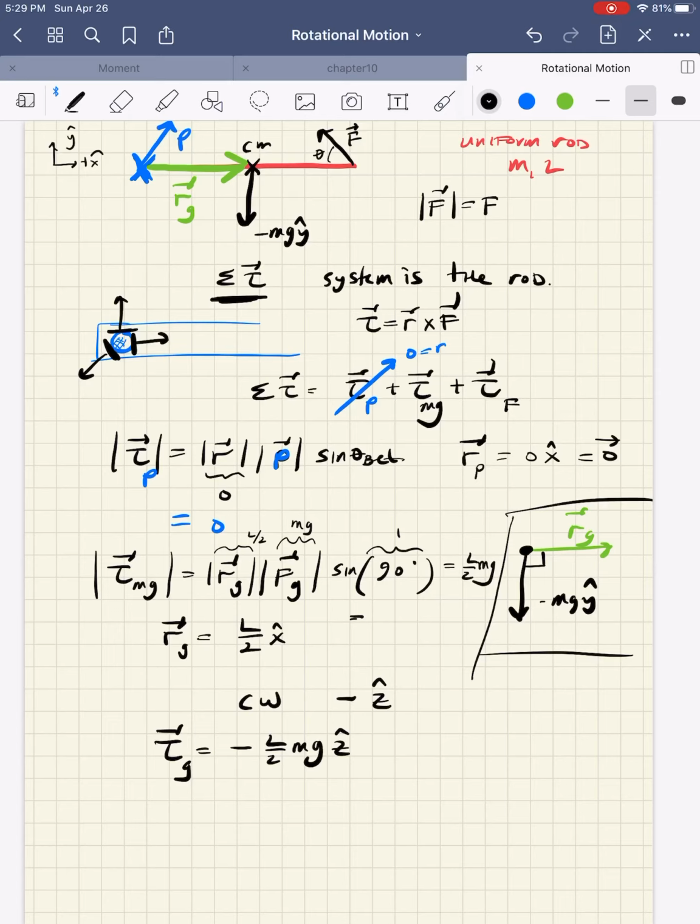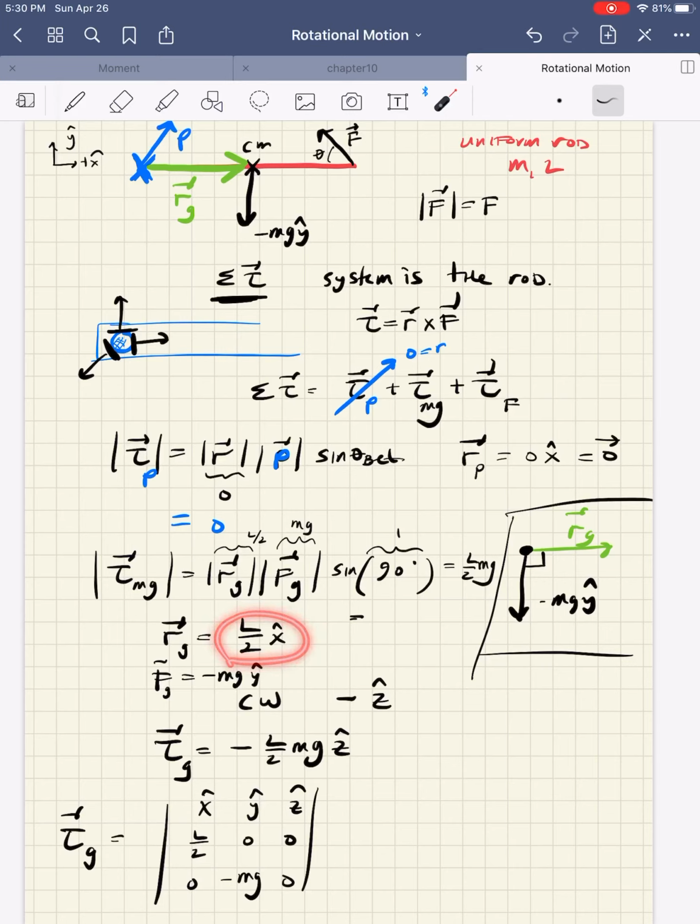Now, I could have done this by taking the determinant. I have r sub g, and the force of gravity is equal to minus mg y hat. If I look at the determinant, the torque of gravity would take this form.